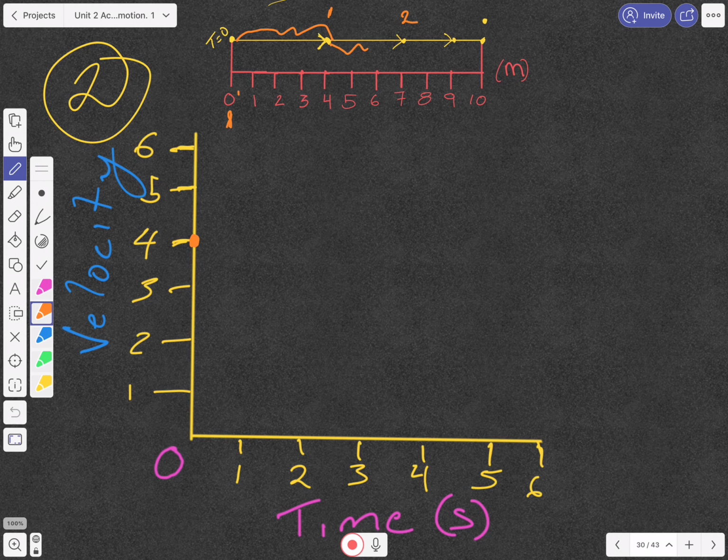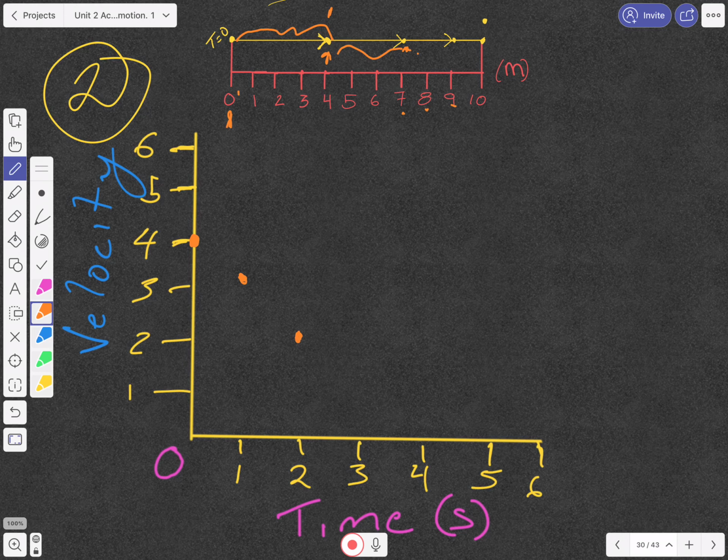The distance between these two is 3 meters, and that's going to be at the 1 second, because again, this arrow represents what's happening at this dot. So we know at 1 second it is 3 meters per second, and at 2 seconds, this arrow is going from 7 to 9, so that's going to be 2 meters.